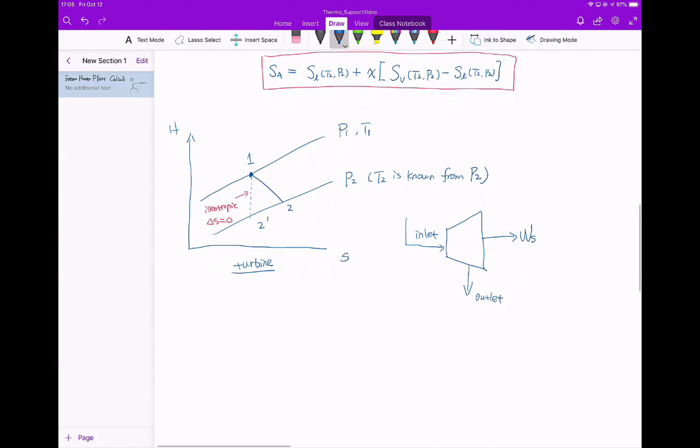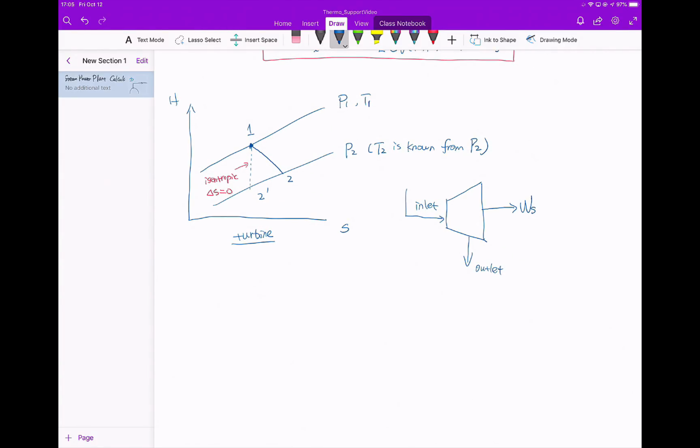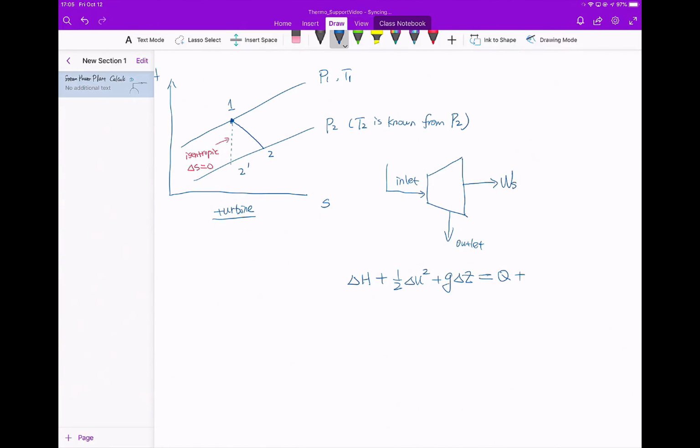So if I apply the first law of thermodynamics, I have delta H plus half delta U squared plus g delta Z equals Q, the heat, plus shaft work. I want to warn you, this delta U squared is half U squared.